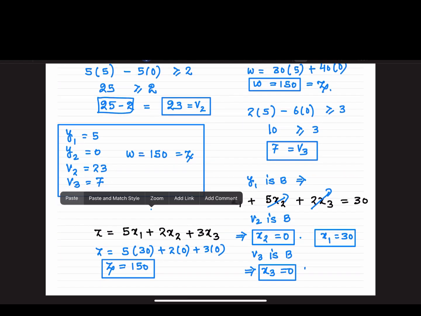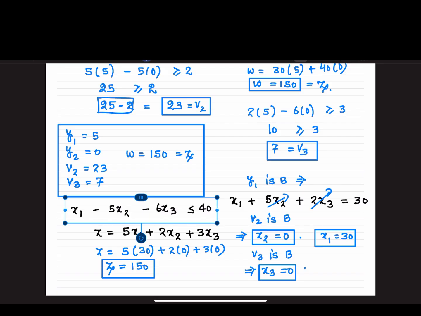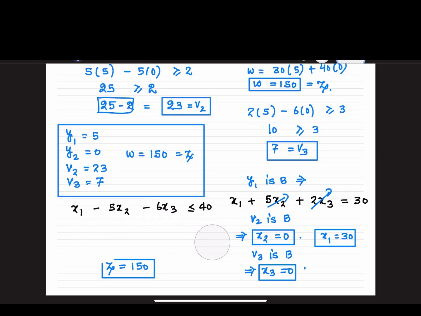We just paste the constraint and we calculate the value for the slack. x1 is 30. 5 into 0 minus 6 into 0 is less than 40. So 30 is less than 40. So what is the slack that should be added? Since it is the second constraint, we just name it as S2, the slack is equal to 10.